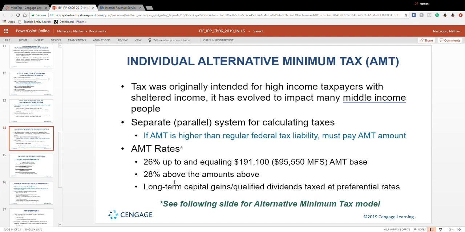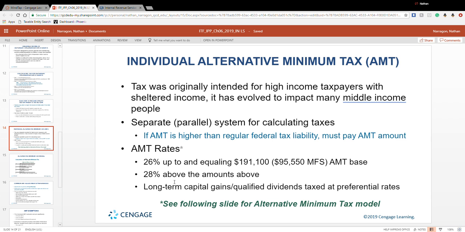The other tax that we get is known as the alternative minimum tax. This tax was created basically for high income people, to make sure high income people pay tax and didn't try to write off or itemize everything.